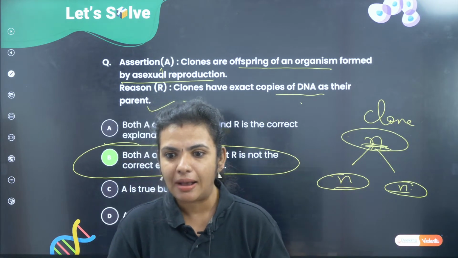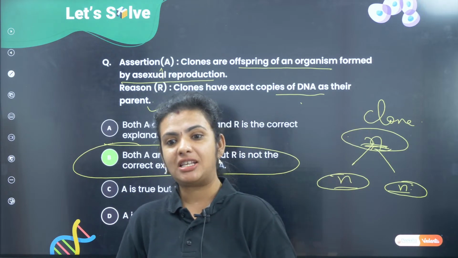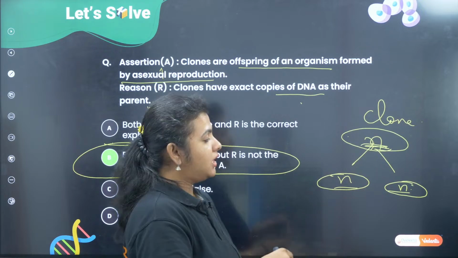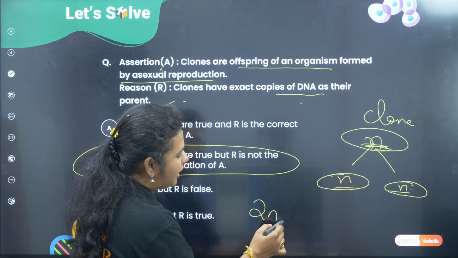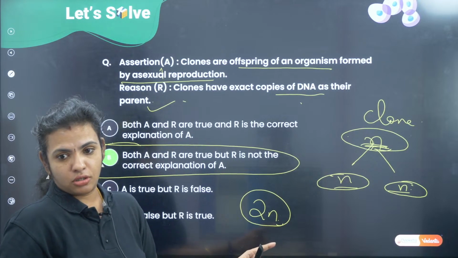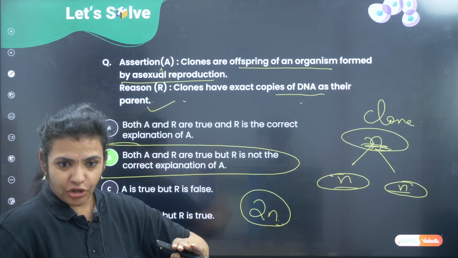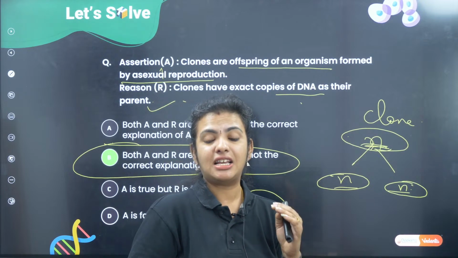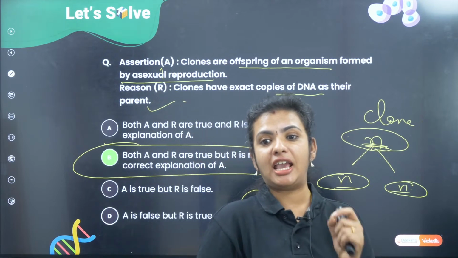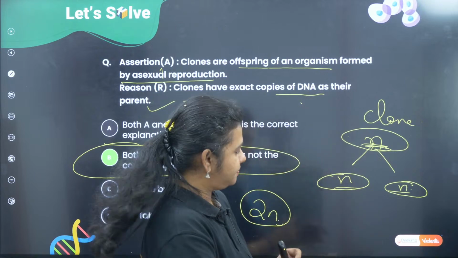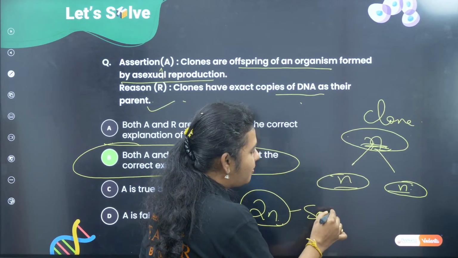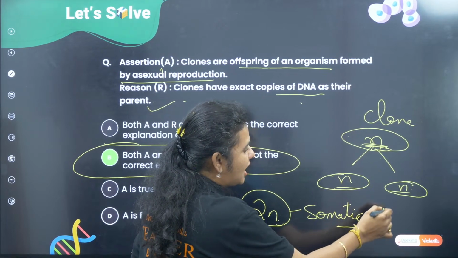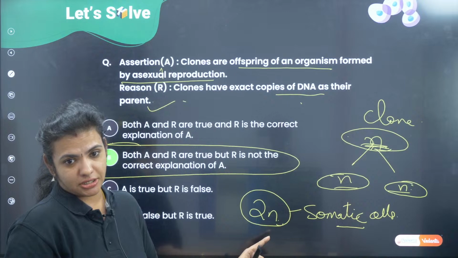Okay. Haploid and diploid. Haploid means having n number. This is a haploid. Diploid means having 2n chromosomes. Say for example, all our somatic cells, that means the cells which are not taking part in reproduction, are called somatic cells. All the somatic cells are diploid in nature.